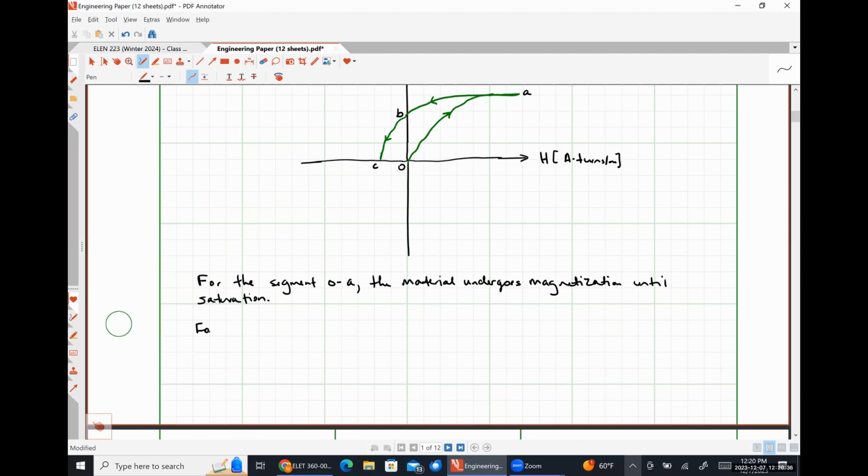So for the segment A to B, the current has switched direction. And the material is being demagnetized.